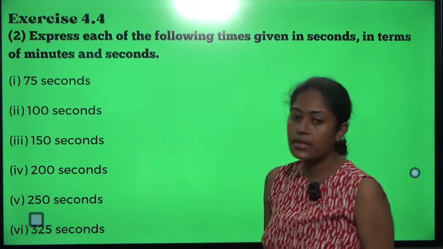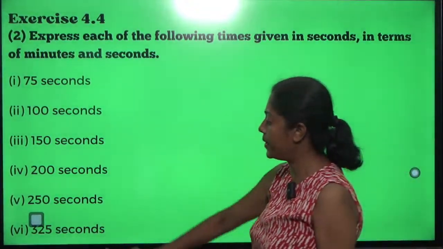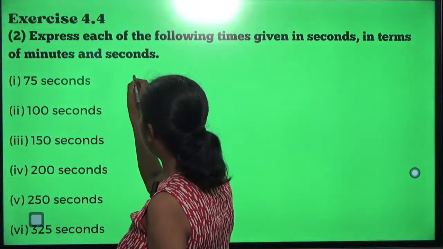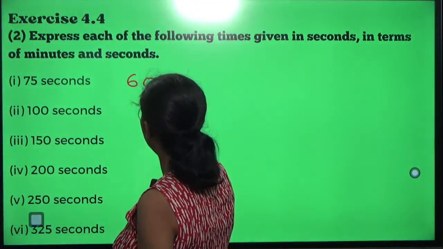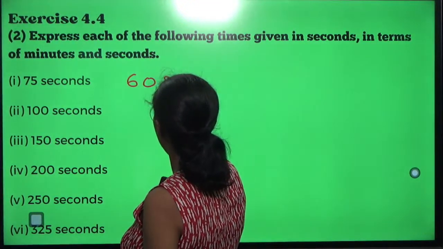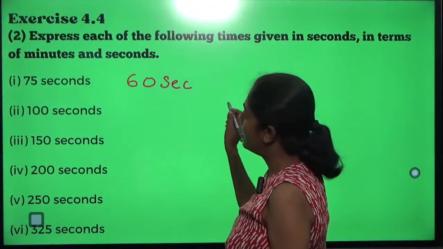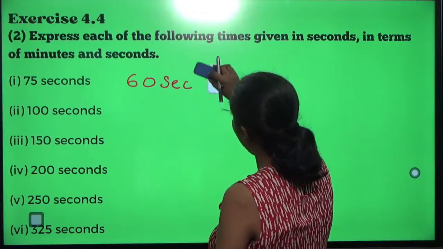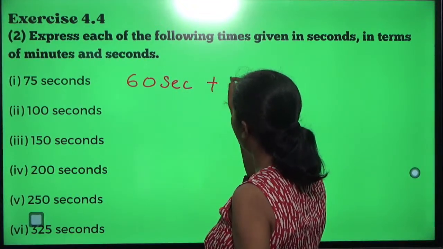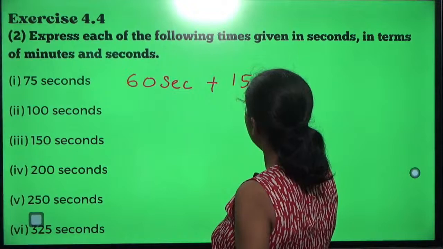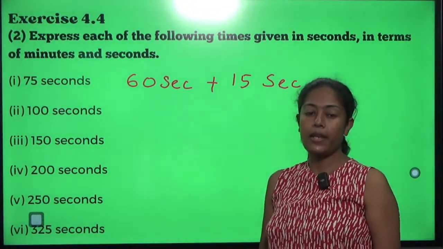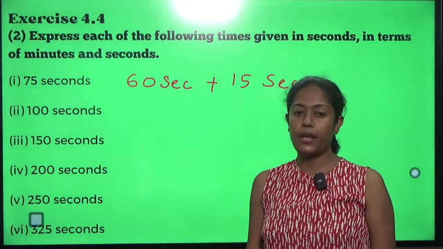Write this one. 75 seconds you can separate like this: 60 seconds and again 15. I can write this one as plus 15 seconds. When you add these two together, you get 75. Is that okay?